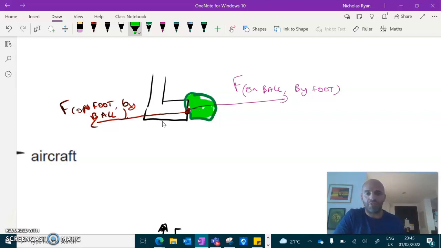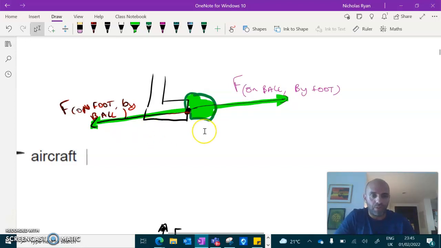So the force on the ball by the foot is going to the right, pointing this way, and the force felt on the foot by the ball is pointing back in the opposite direction. Both have an equal magnitude.